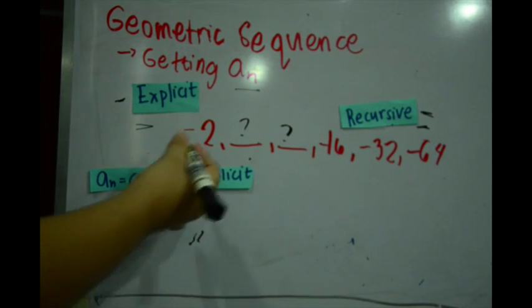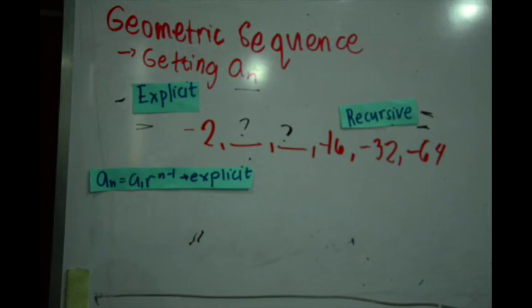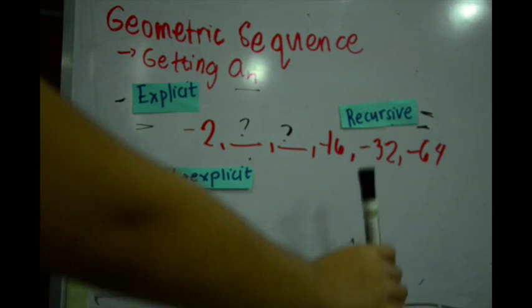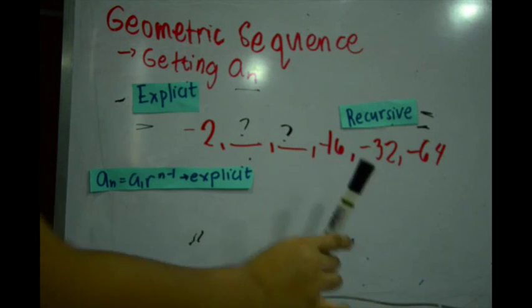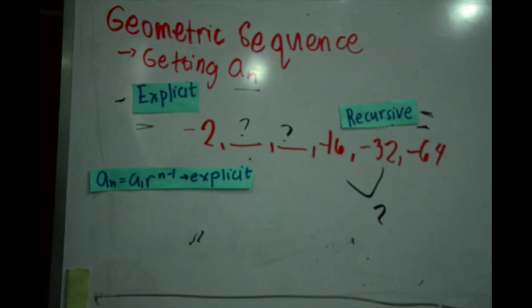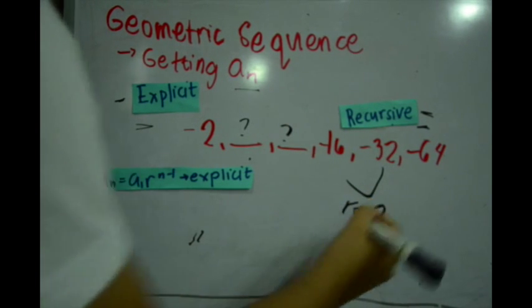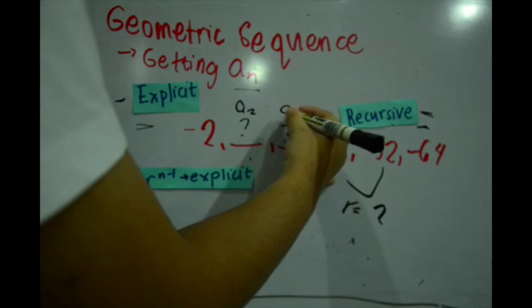However, before we can proceed to getting the other terms, we first have to identify what r is. So, for getting r, we're just gonna divide the later term by the preceding term. Now, dividing this, we're gonna have 2 as our r. Now, this is the second term, and this is the third term.